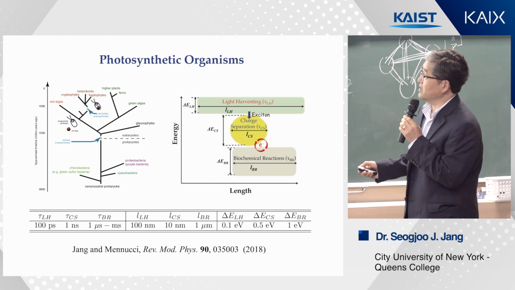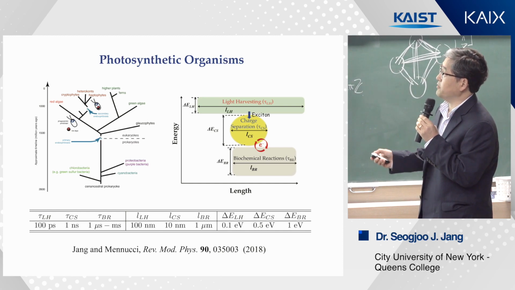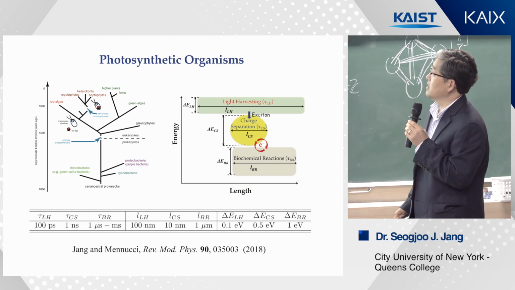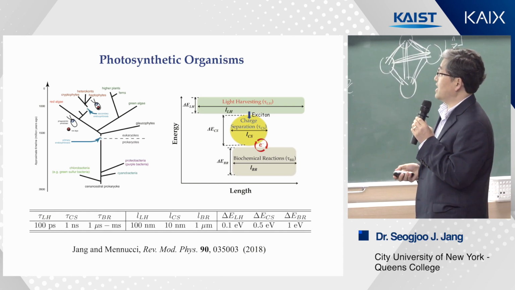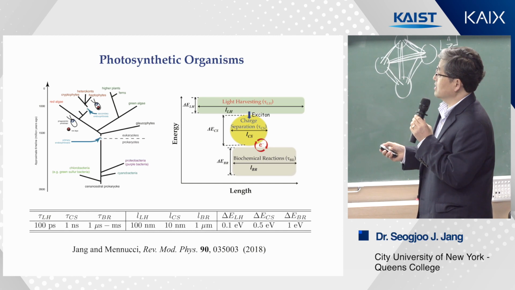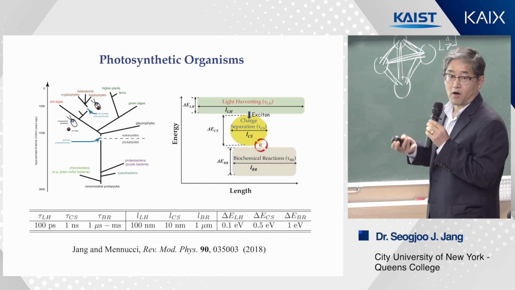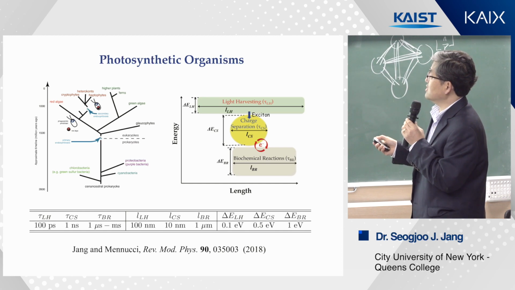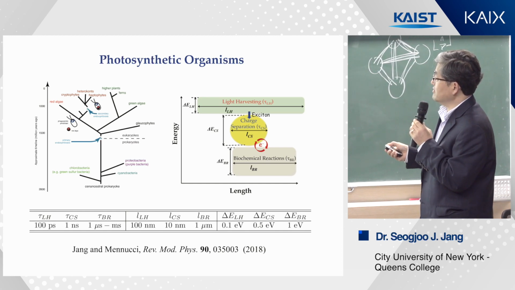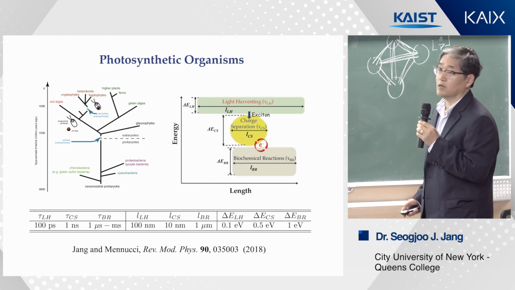As you can see, there are so many different types of photosynthetic organisms, but all of them have the common feature that they consist of 3 important functional parts. The first is called light harvesting, the second is charge separation, and the third is the biochemical reaction part.